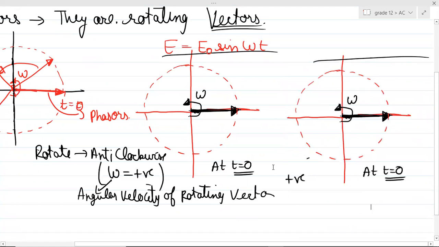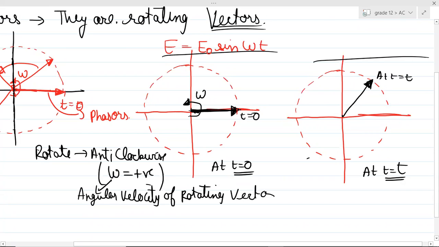So suppose I want, at time t, where exactly is this phasor? Will this phasor come over here? Yes or no?